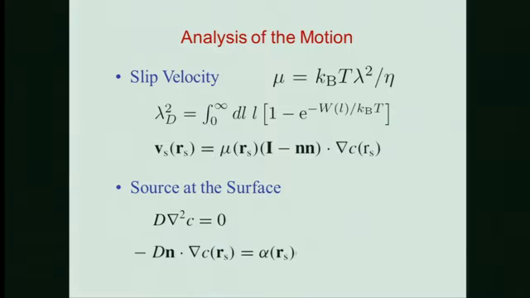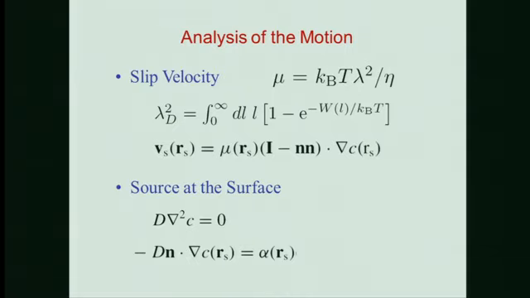And as you can see here, the mobility is controlled by kT over the viscosity of water. There's this little length squared that I would like to call the Deryagin length, because Deryagin was the first person who described diffusiophoresis and made experiments on it in the late 50s and early 60s. And as you can see, this is basically the range of the interaction potential between these molecules and the surface of the colloid.